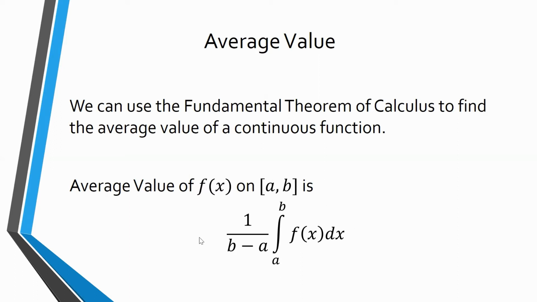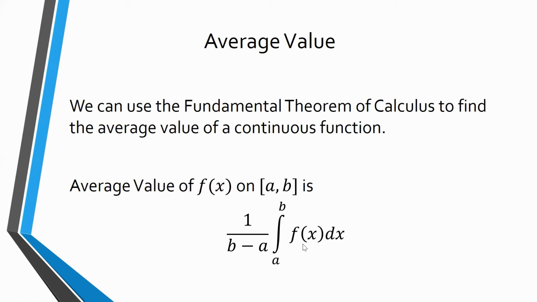This might not seem like an obvious formula, but it does in fact give us the average value. This integration, remember, is adding up a bunch of little rectangles. And it's adding up infinitely many of such rectangles as we take the limit as n goes to infinity.